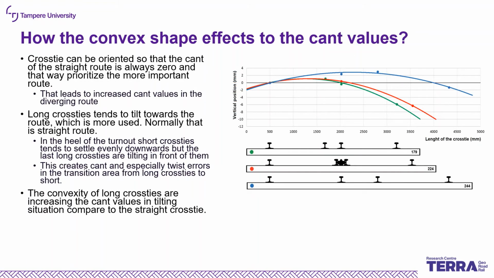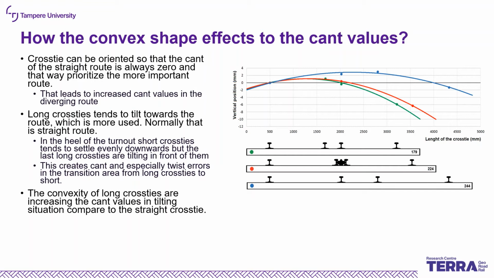Then, how the convex shape affects the cant values. The crosstie can be orientated so that the cant value of the straight route is always 0, and that will prioritize the more important route. As in the picture, you can see the green one and the red one. They are really convex crossties, but the cant value of the straight route is 0, so there is no cant in the straight route.